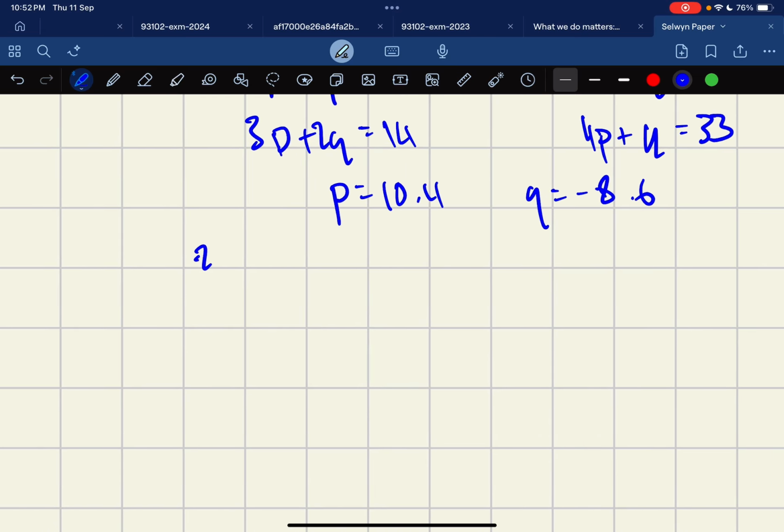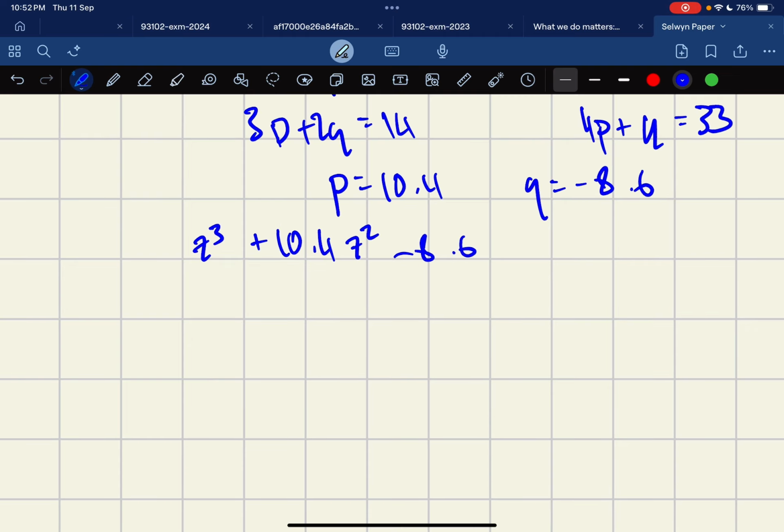So then your equation is z cubed plus 10.4 z squared minus 8.6 z minus 20 equals 0.